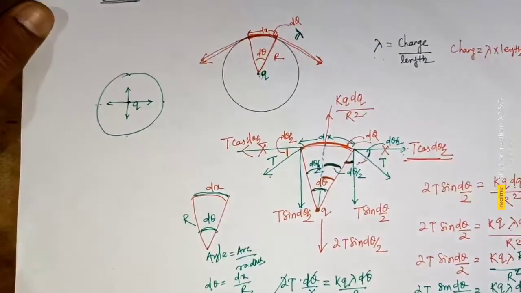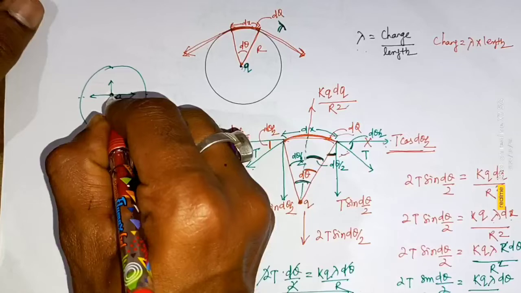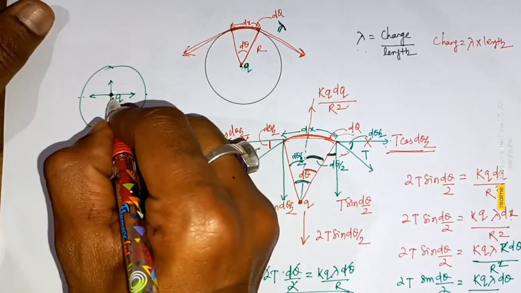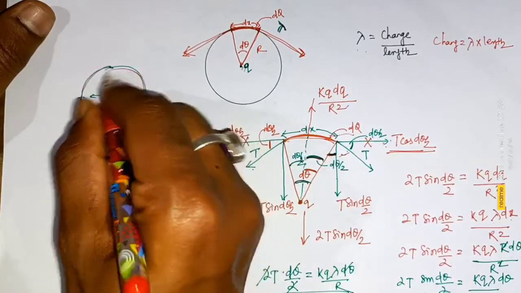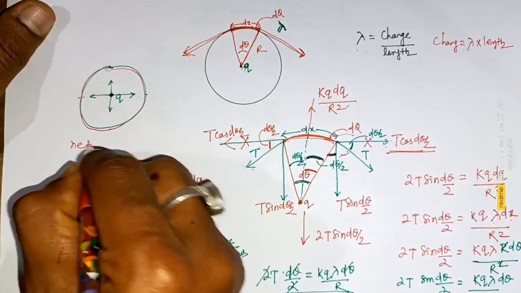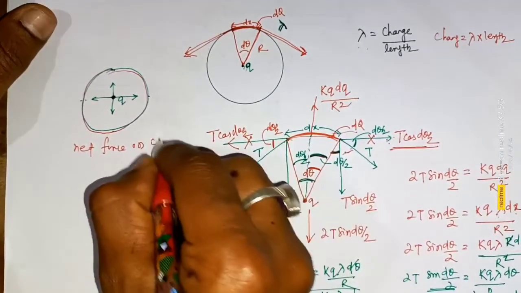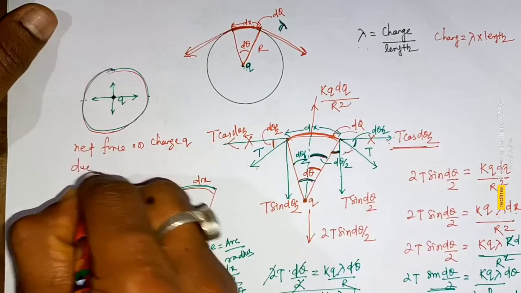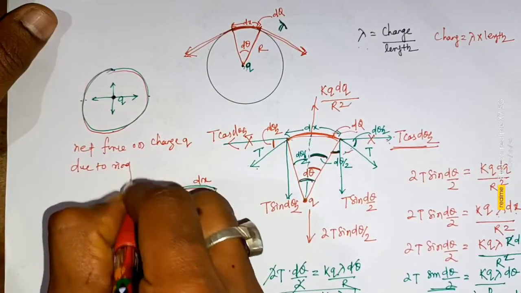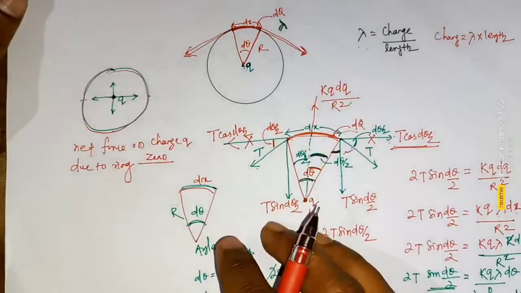So what we are observing is that the net force on this charge due to this circular ring is 0. So can I say net force on charge Q due to ring is 0?